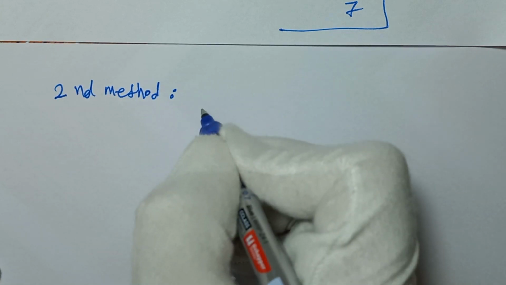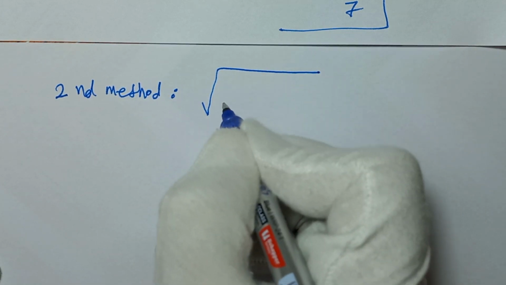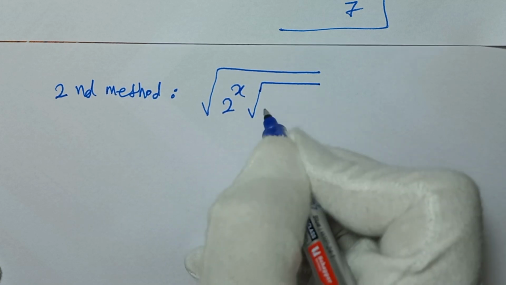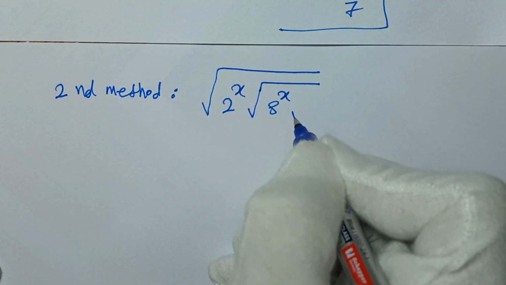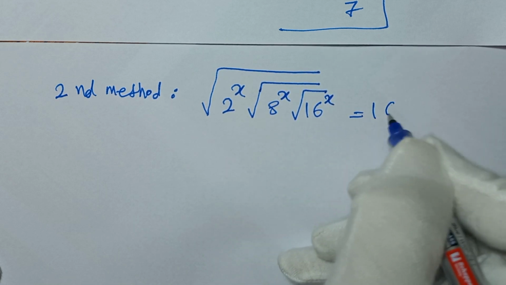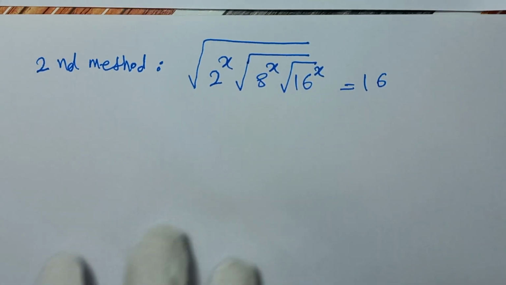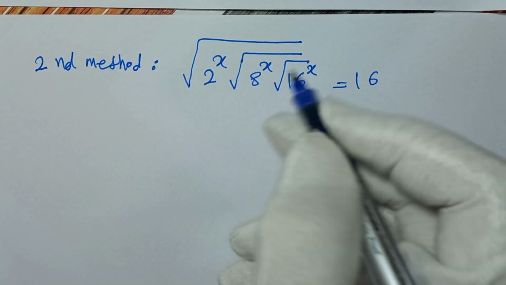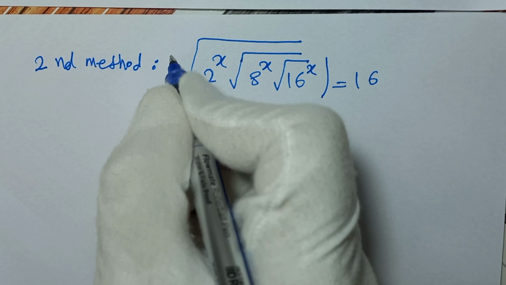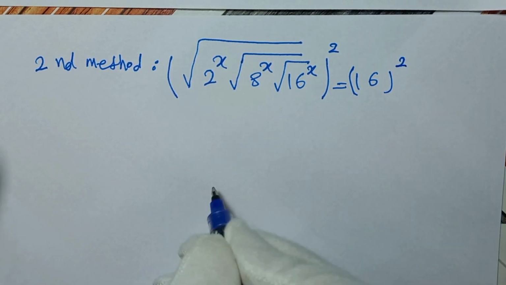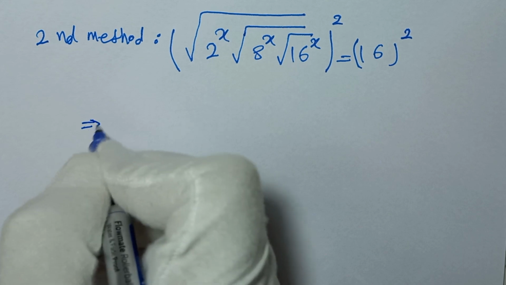our problem is square root of 2 to power of x times square root of 8 to power of x and times square root of 16 to power of x is equal to 16. So in here, in next step, we raise both sides of this equation to power of 2.